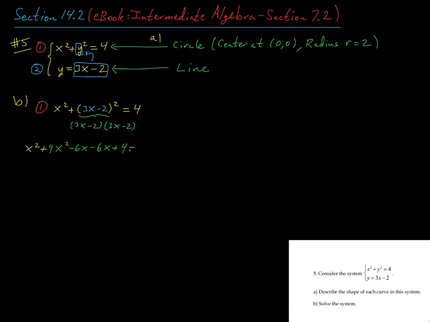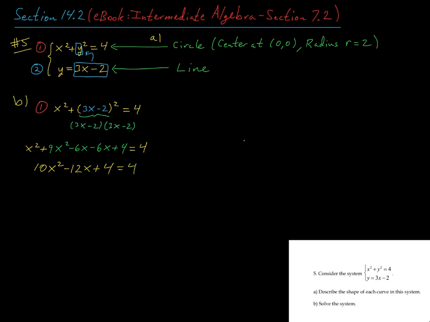And then that has to equal 4 on the right side. All right, well, go ahead and combine like terms on the left. So I have 10x squared and minus 6x minus 6x. That's minus 12x. And then I have the plus 4, and that's equal to 4.